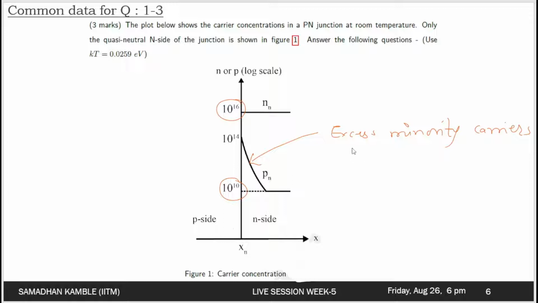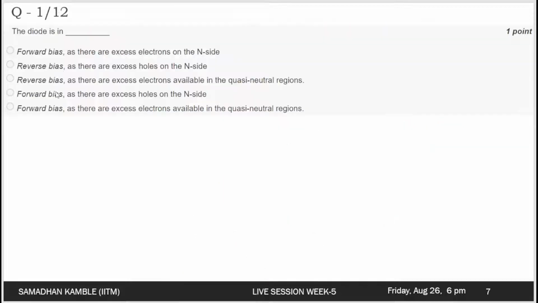So Pn denotes the positive charges, which is nothing but holes, and which indicates that it is in the forward biasing case. So the minority carriers which are excess on N side indicate it is in the forward biasing case, which corresponds to this option. So the diode is in forward bias as there are excess holes on the N side.